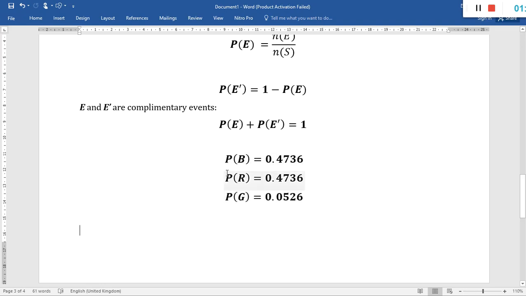Now, if you look at these probabilities, each time the ball is moved, which of these events, B, R, or G, is most likely to occur?